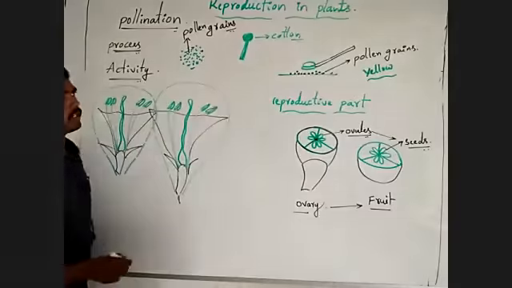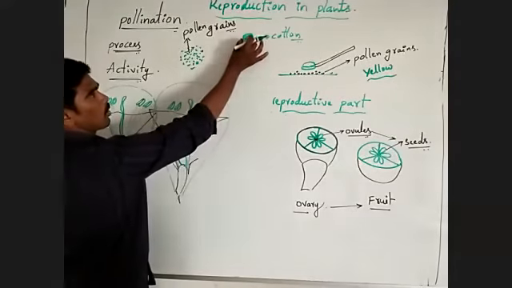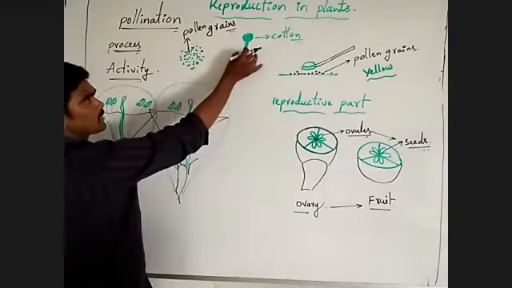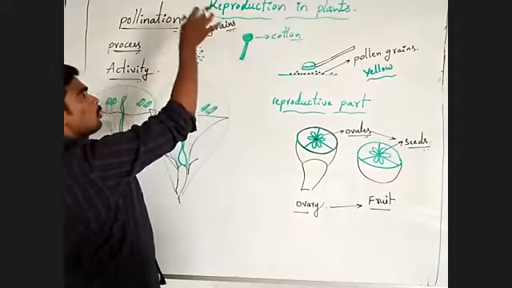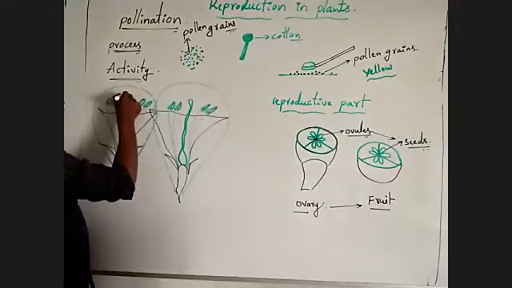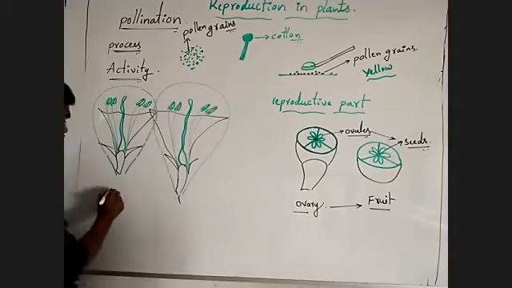Listen carefully here. Now we have to rub this cotton ball containing pollen grains on the stigma of 5 flowers.